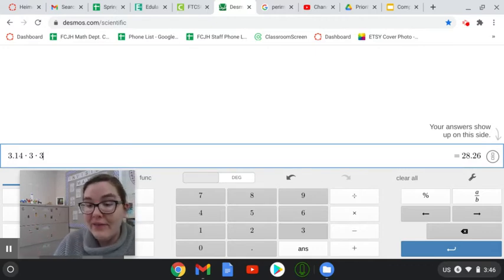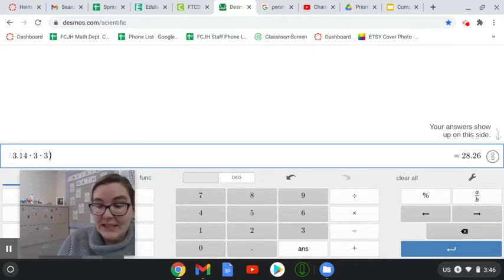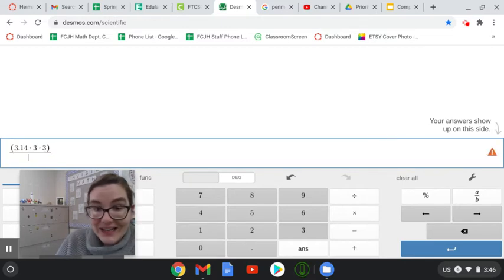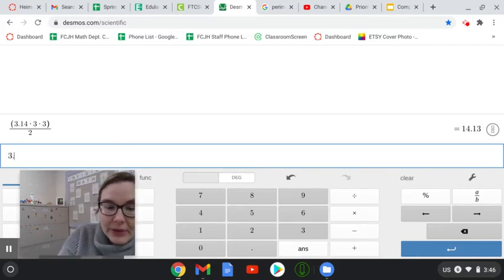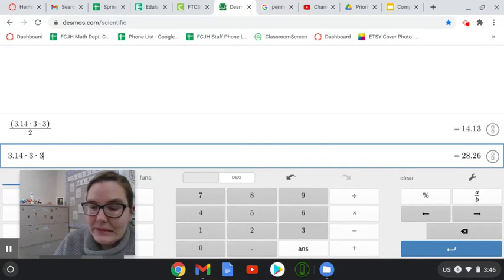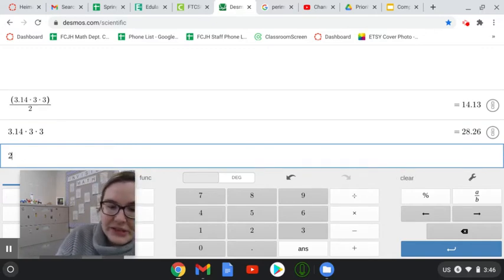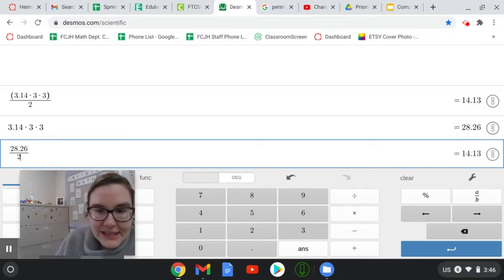I want a semicircle, which means I'm going to divide that entire thing by 2. If I'm not as confident with my calculator in this fashion, I can take it one step at a time. 3.14 times 3 times 3, that's 2 steps. 28.26 divided by 2. And you can see it's the same answer.